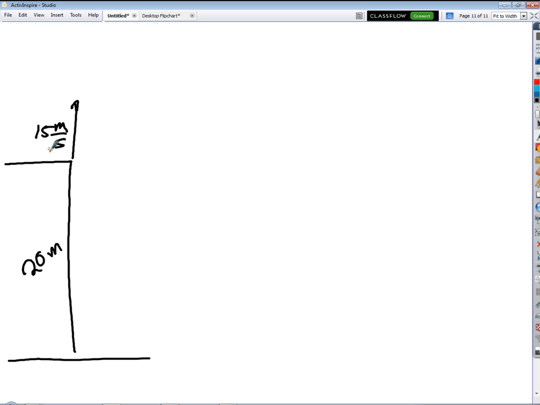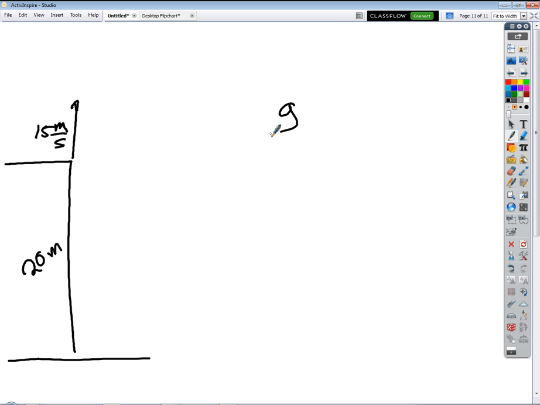After 1 second, how fast is it going to be going? Now think what this means. If the acceleration of gravity is negative 10 meters per second squared, or negative 9.8, and we use lowercase g to represent the acceleration of gravity, so it's roughly equal to negative 9.8 meters per second squared.